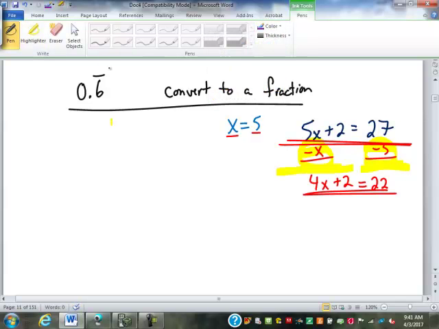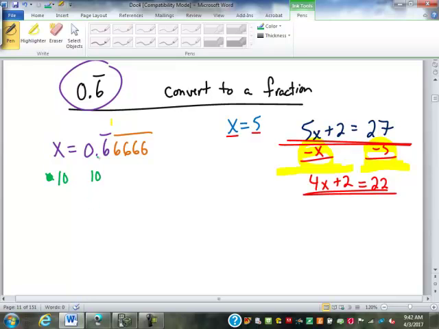So now back to 0.6. If I let x be 0.6 repeating, you'll recall that's really 0.6666666 going on forever. They all repeat, right? If I multiply both sides of this by 10, because this is the same one digit repeated over and over again.